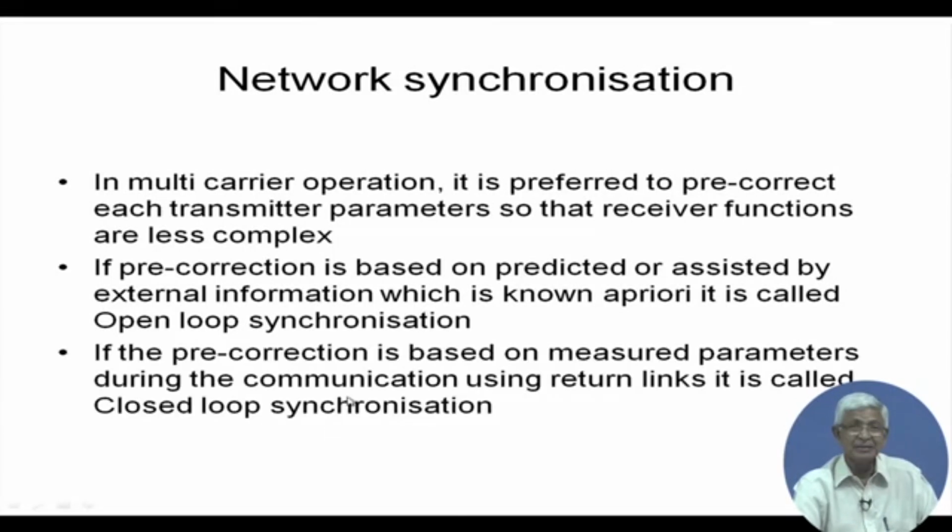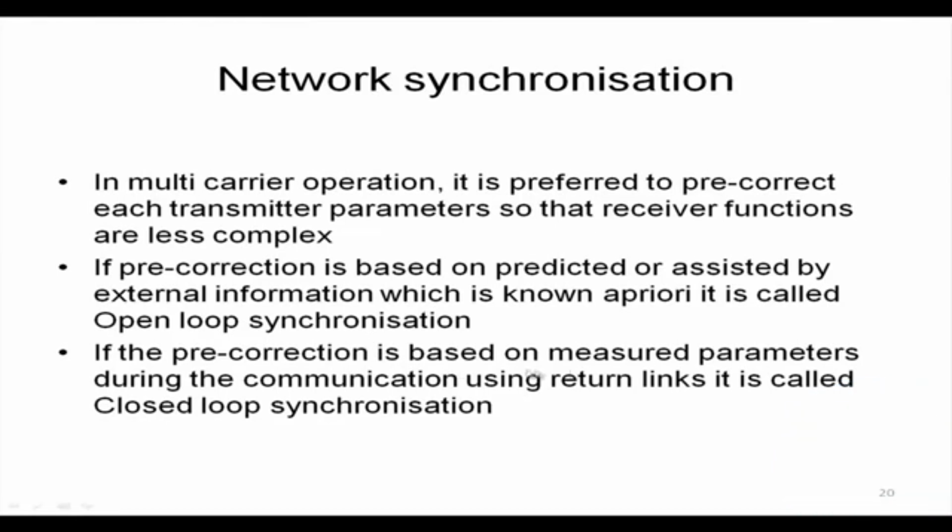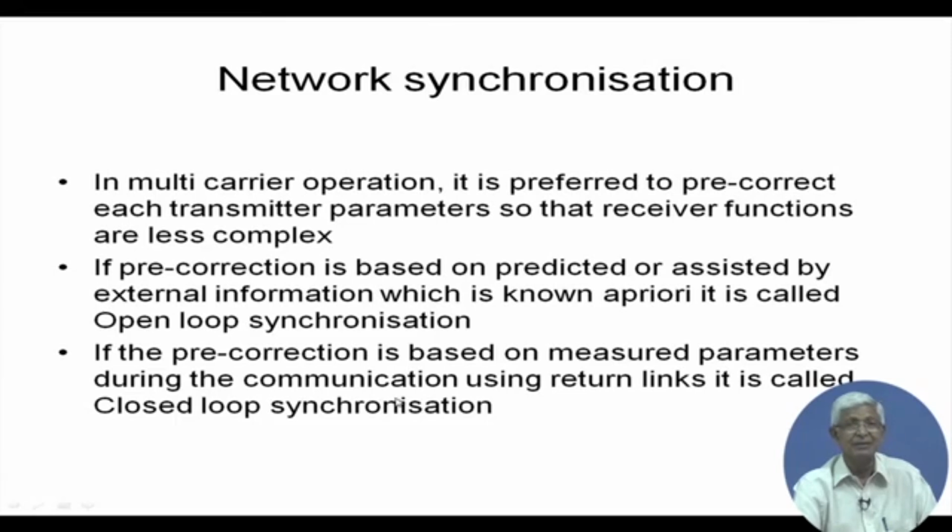And if the pre-correction is based on some measurement by each of the transmitters, on parameters measured during communication, one of the important measured parameters is how long it takes to reach the satellite, that distance. During that time, whether my frequency is changing or time is changing or the distance is changing, the delay is changing. So, you do the measurement.